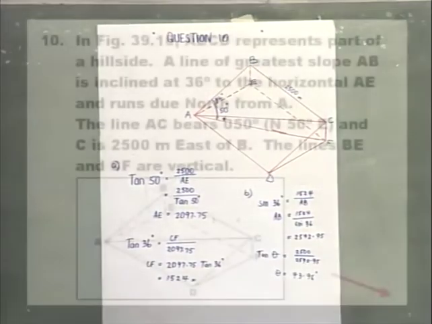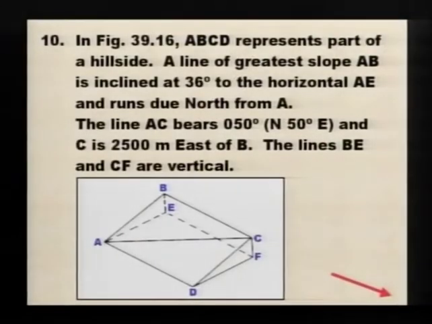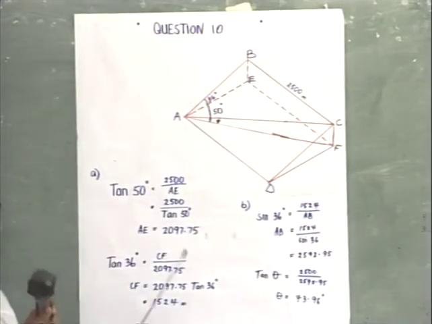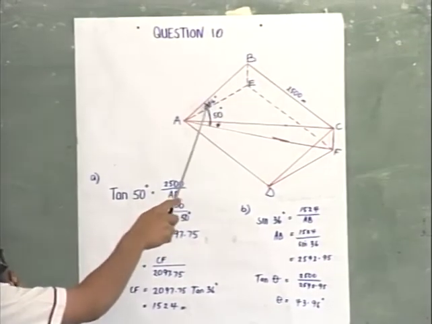Question 10 reads, in figure 39.16, ABCD represents part of a hillside. A line of greatest slope, AB, is inclined at 36 degrees to the horizontal AE and runs due north from A. The 36-degree angle is here.